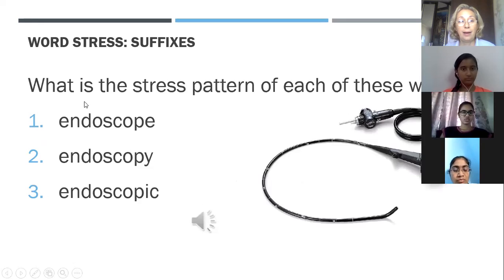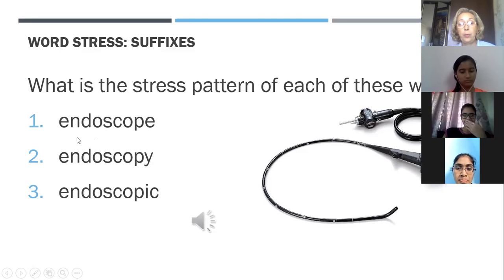Now let us have a look at the next slide. Here we are going to think of the stress pattern. These words look the same, but of course they have different meanings.